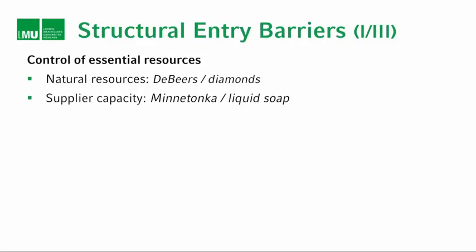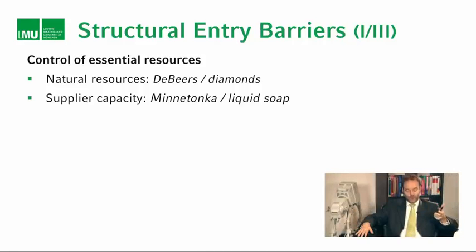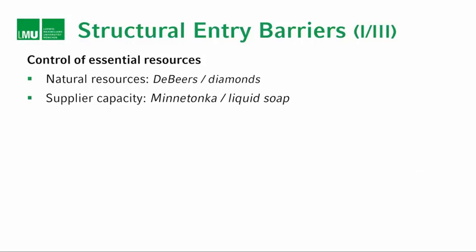Supplier capacity is another essential resource. So one interesting example here is a small company called Minnetonka. Minnetonka invented liquid soap, right? So the soap that we're using a lot now that has more or less replaced or almost replaced solid soap in many different settings. But one of the problems was that this is basically a consumer good.